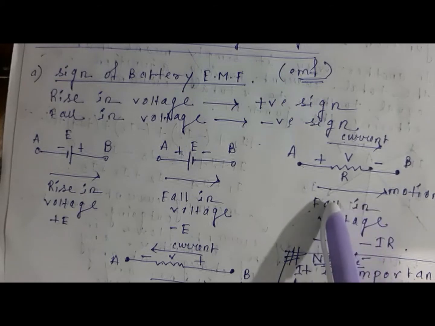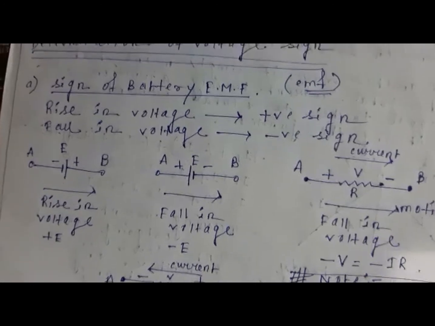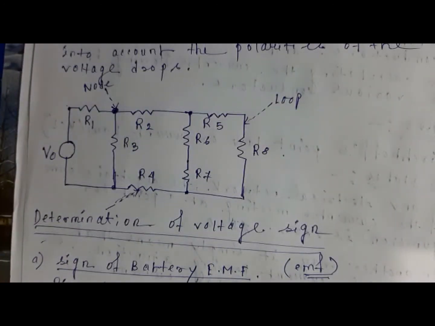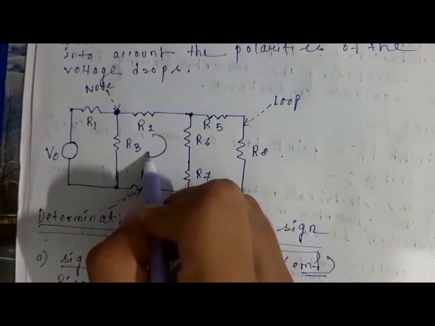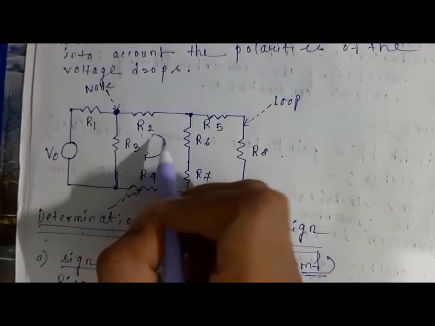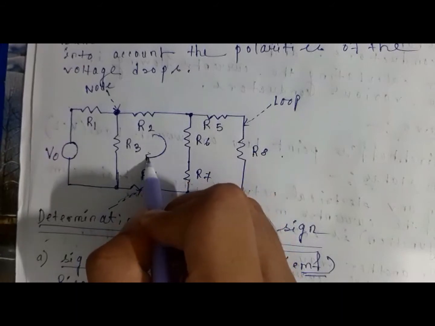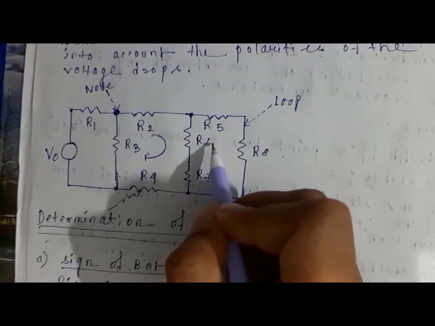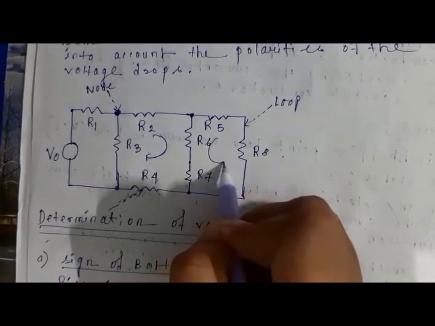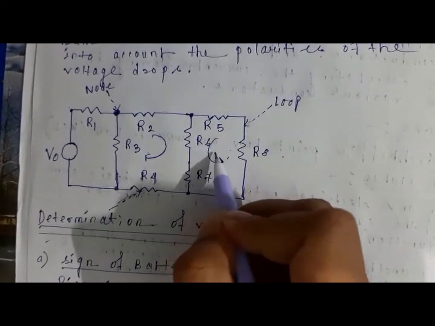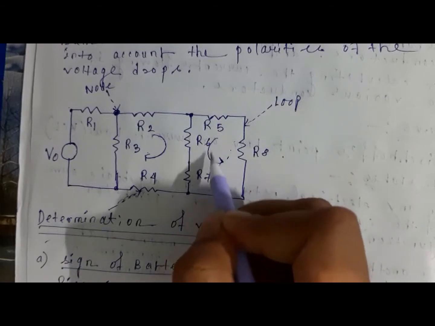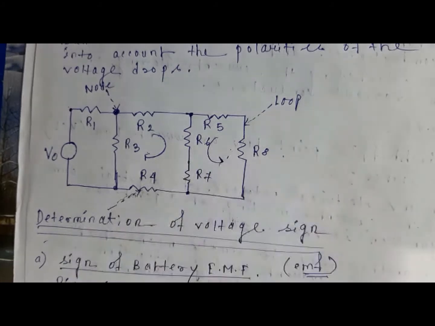You have to take either the anti-clockwise direction or the clockwise direction. Suppose if I am going in this direction, this is my clockwise direction, so this is my direction of motion. If I am going in the opposite direction, like this, this is my anti-clockwise direction. So these are the directions of motion. All right, we will discuss it vividly afterwards.